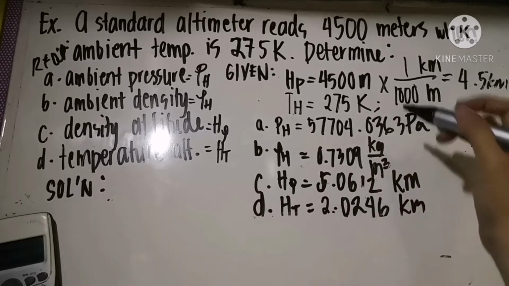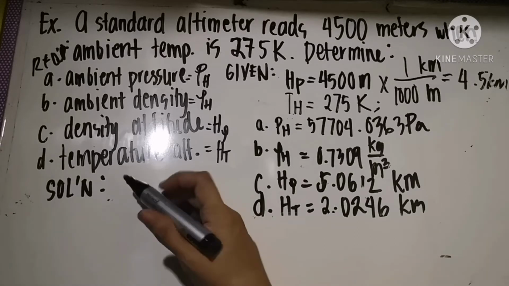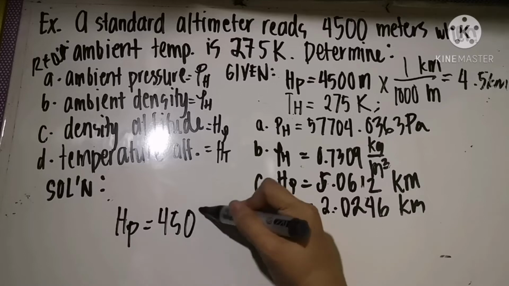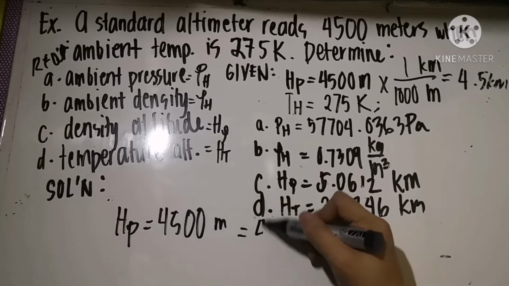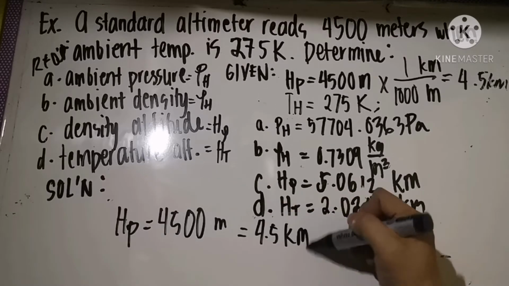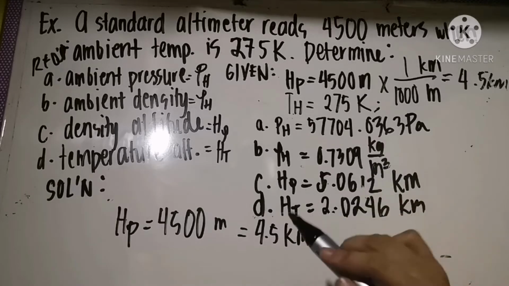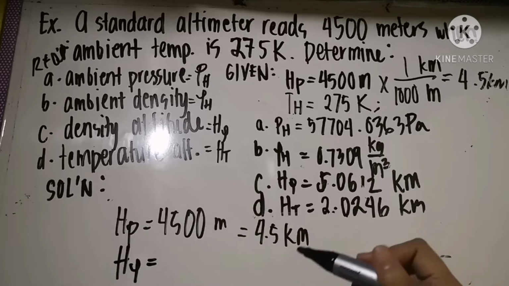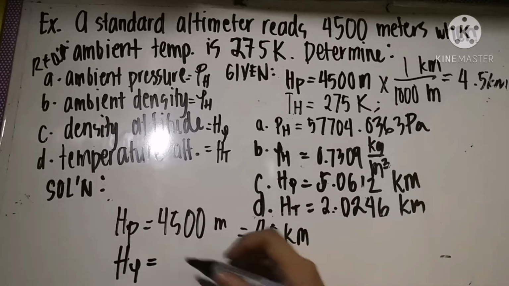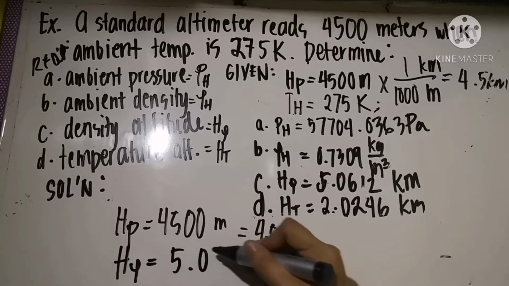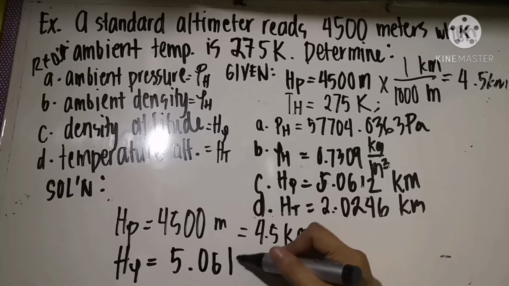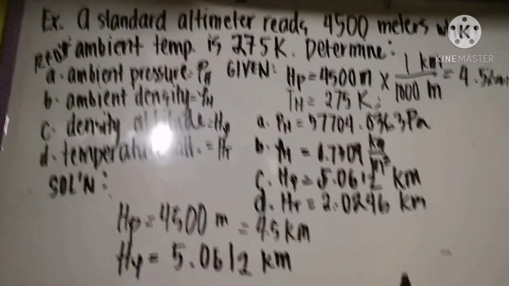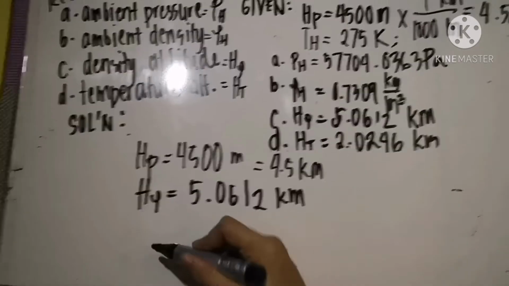So, first, diba, sinabi na given na ang pressure altitude mo is 4,500 meters or 4.5 kilometers. Then, pagdating naman sa density altitude mo, ang altitude mo ay 5. So, medyo malaki. 5 kilometers. And, sa temperature altitude mo naman, 2 lang.